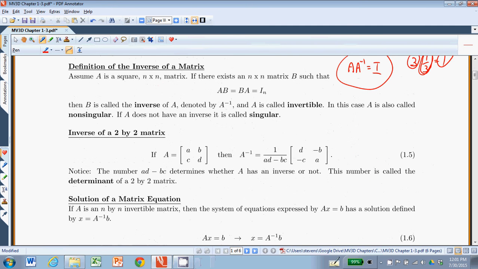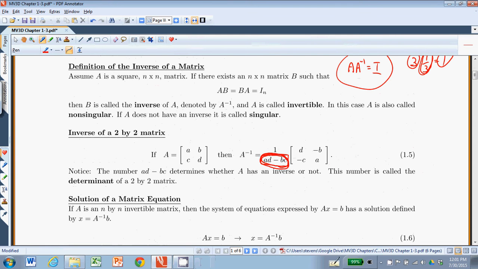And we had a formula for the inverse of a 2 by 2 matrix. Part of that formula contains a number out in front which has AD minus BC in the denominator. That number is called the determinant of that matrix, meaning if that number is 0, if we get a 0 in the denominator, you can't do that.